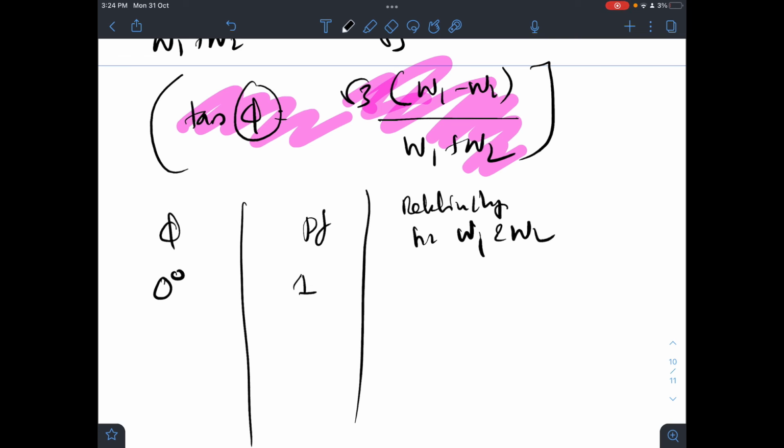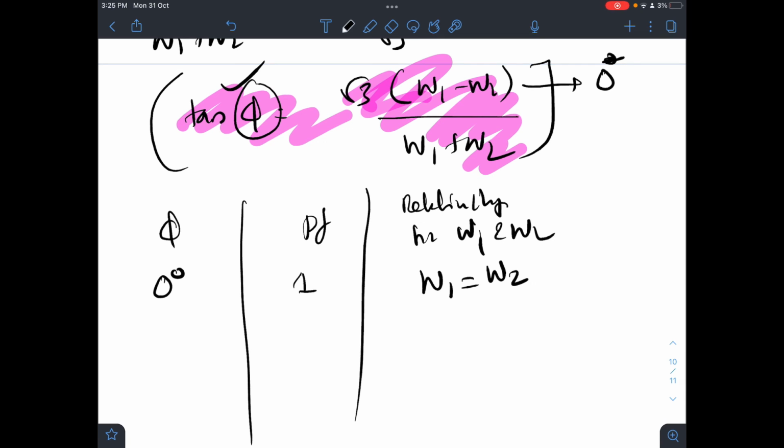Now if you apply this here, you can identify tan phi. That is how you can find that your wattmeter readings W1 and W2 should be equal. Then only W1 minus W2 is going to become 0, which in turn will tell you that tan phi is equal to 0. Understood? So this is where you can find that W1 will be equal to W2 whenever you have unit power factor.